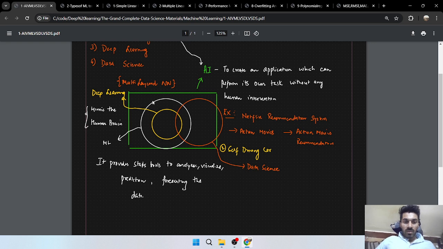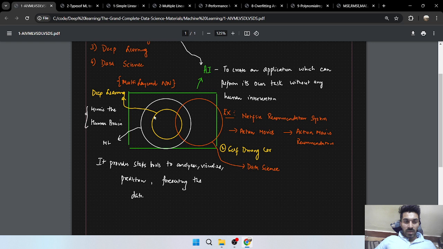Now coming to the inside part, the white part, this is the machine learning. Inside the AI you create models, which is machine learning. Inside machine learning, deep learning comes.